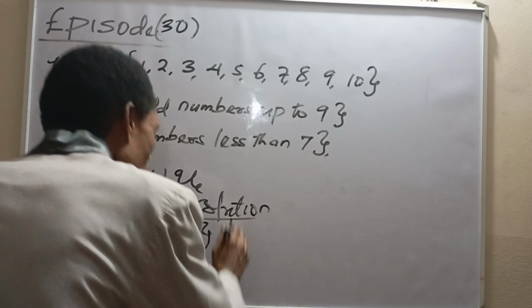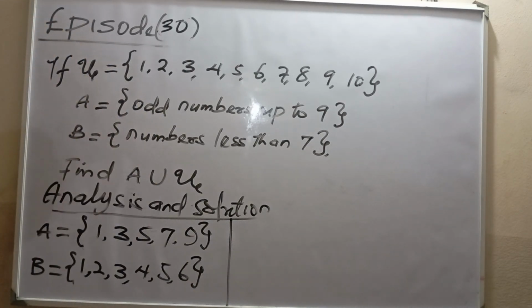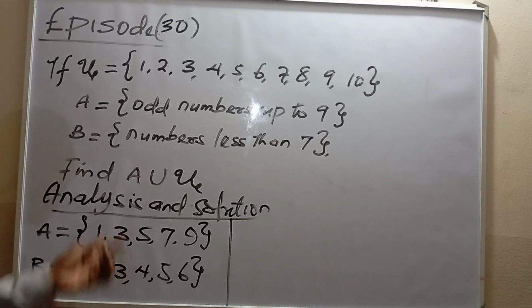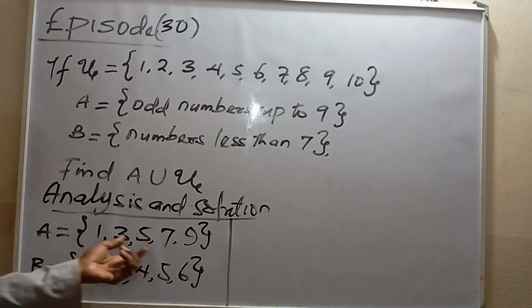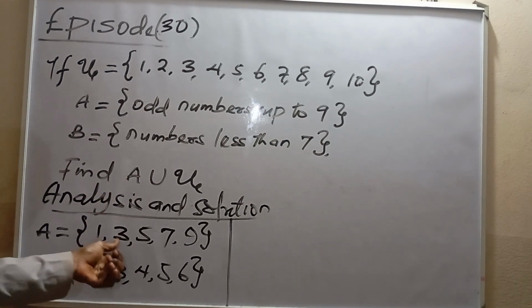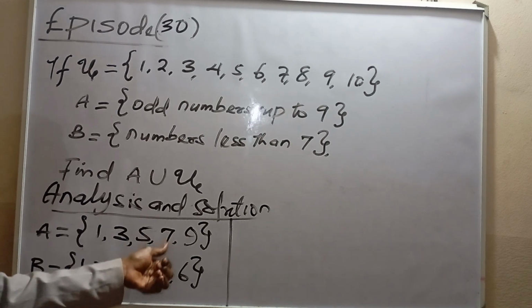Now look up. What is the question? We are asked to find A union universal. A union is a combination of all the elements of two or more sets without any repetition. We have seen the elements of set A: 1, 3, 5, 7, 9.